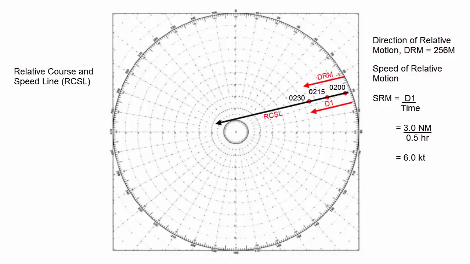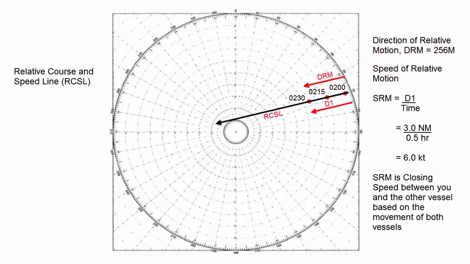SRM equals 3.0 nautical miles divided by 1/2 hour equals 6.0 knots. Remember, SRM is the closing speed between you and the other vessel based on the movement of both vessels.